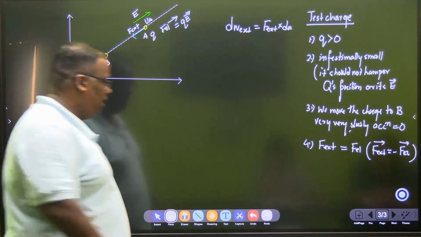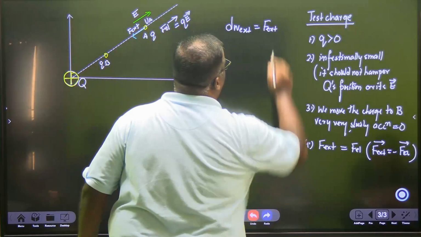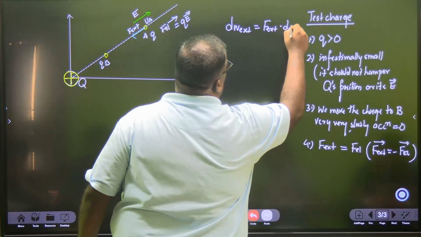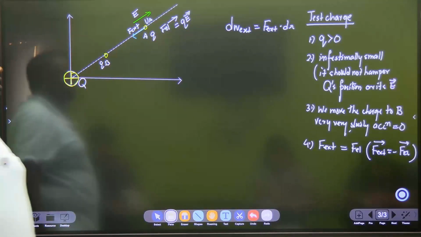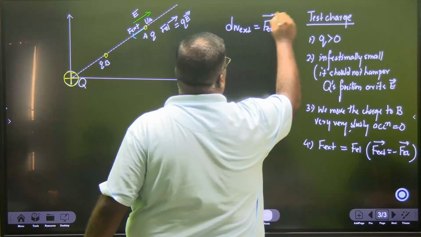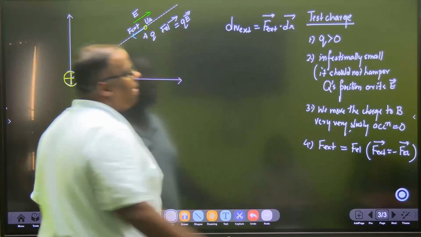In the language of work, I'm moving in this side. Is this understood? This is also a vector quantity.